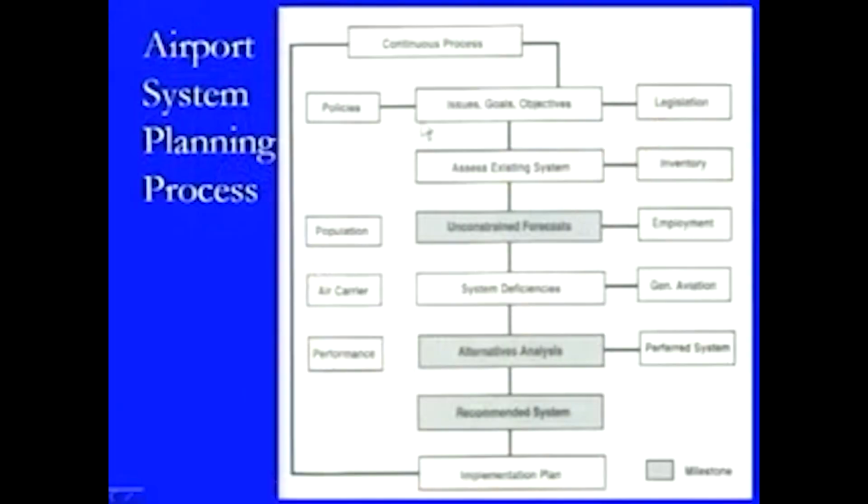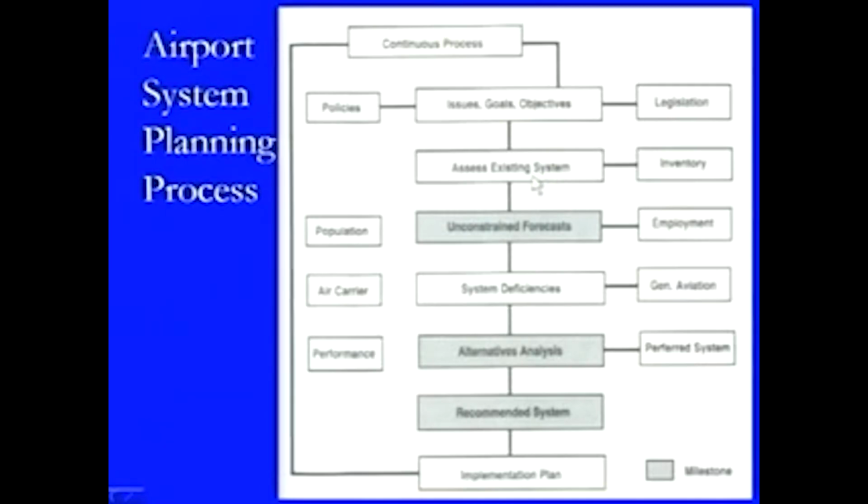The airport system planning process, if we look at it, is defined by this type of flow chart, where we have certain policies, and with respect to those policies we define the issues, goals and objectives, which are controlled at the same time by certain legislation, as we have discussed about zoning and the laws to be framed.